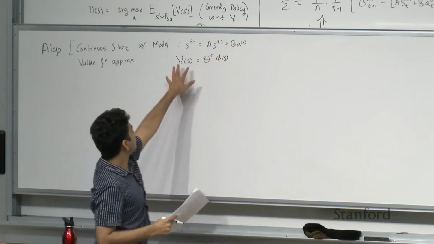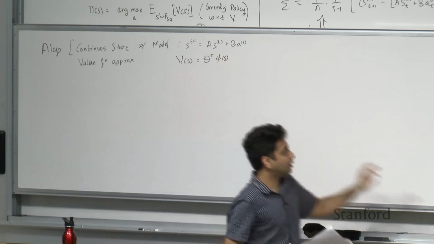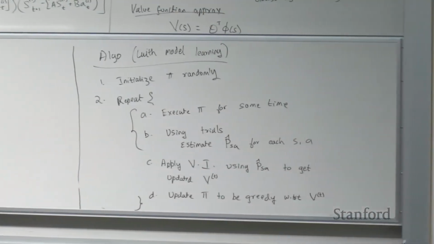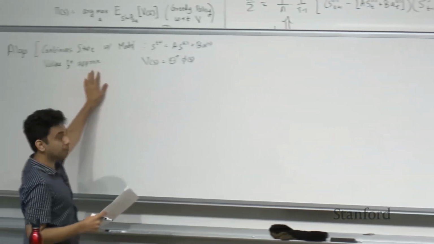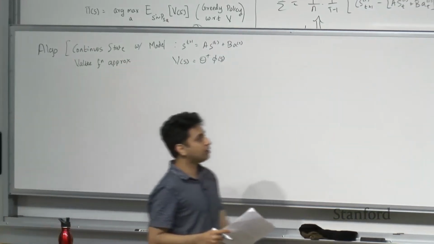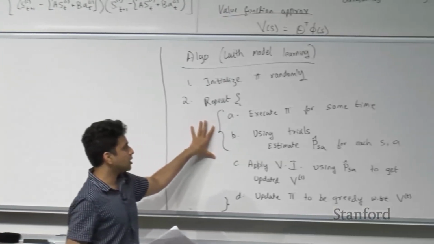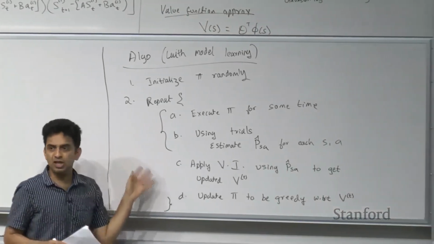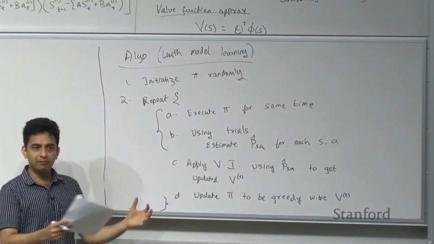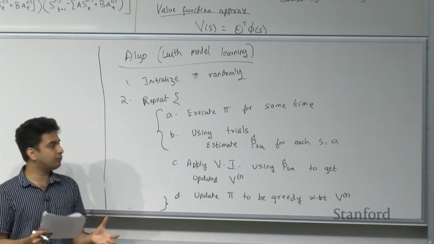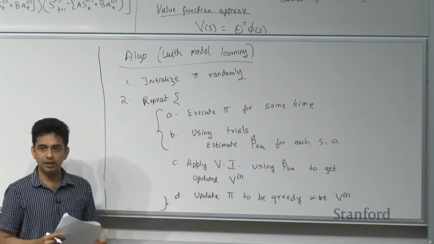So this algorithm is basically an adaptation of the earlier algorithm, but to the setting of continuous states and value function approximation. Over there, both the states and the value functions you can think of as non-parametric, which means we did not have a family of functions for V or P_SA.